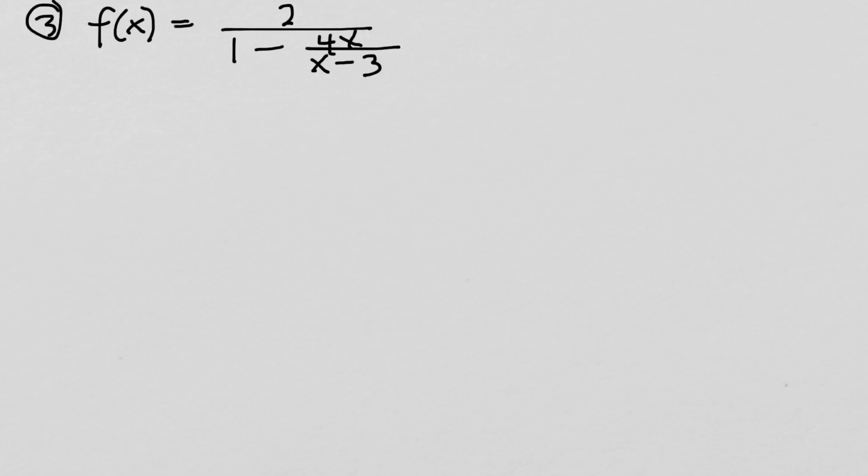On this problem right here, the issues are going to be 0 in the denominator here, and then a 0 in the entire denominator here. So we've got to explore which x values are going to cause those zeros to occur in the denominator.